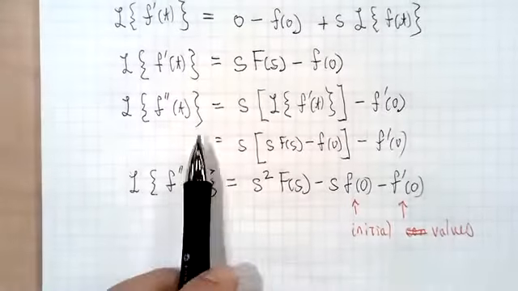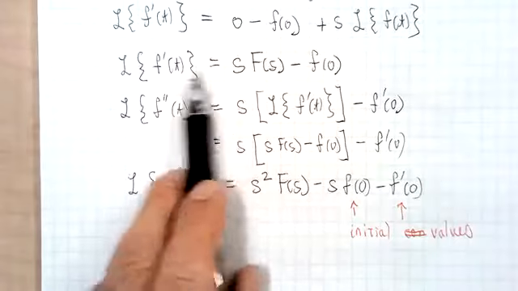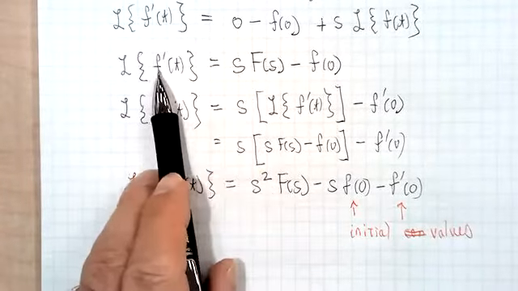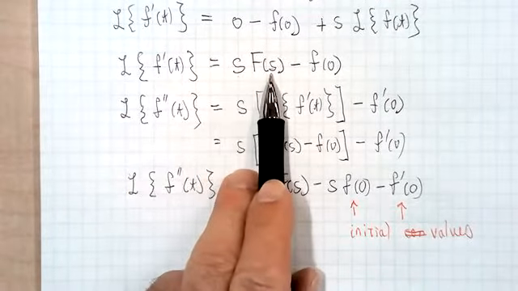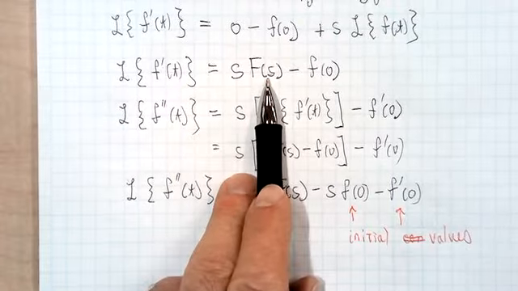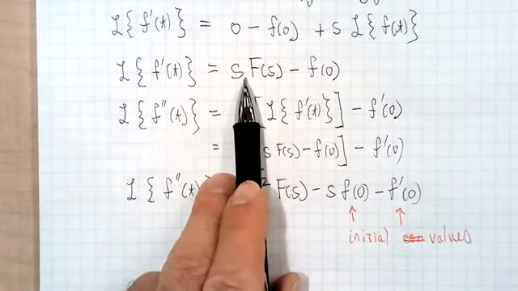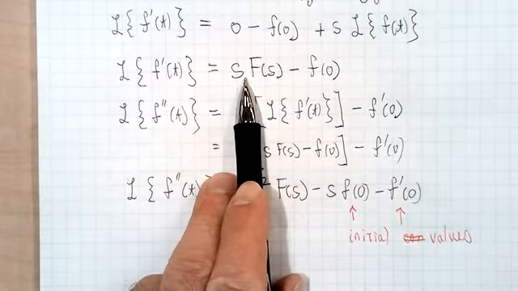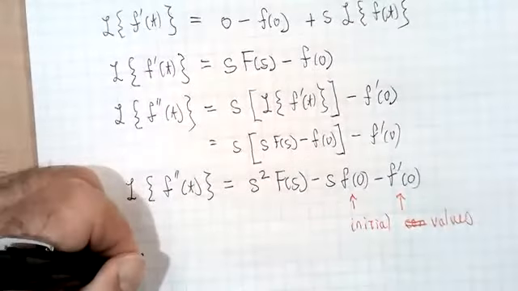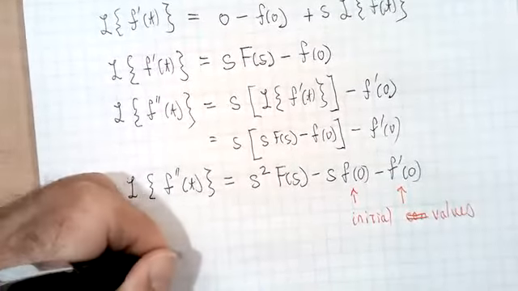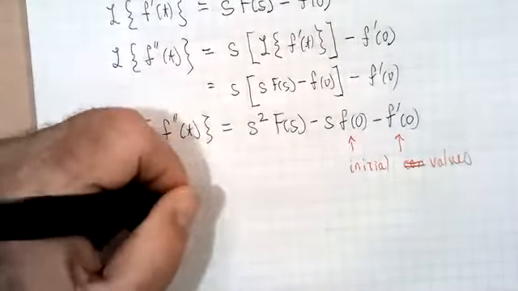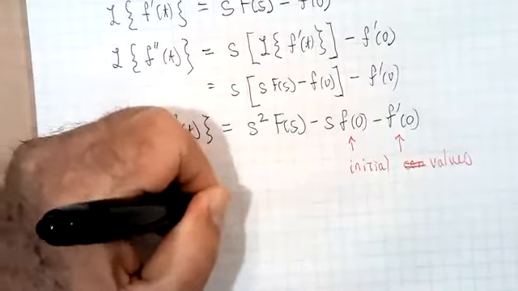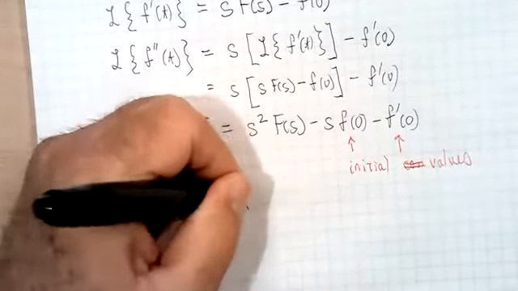So taking a derivative in the t space multiplies by s in the s space. So you're changing differentiation into multiplication. And it also turns out, in the interest of time, I'll just quote the result.